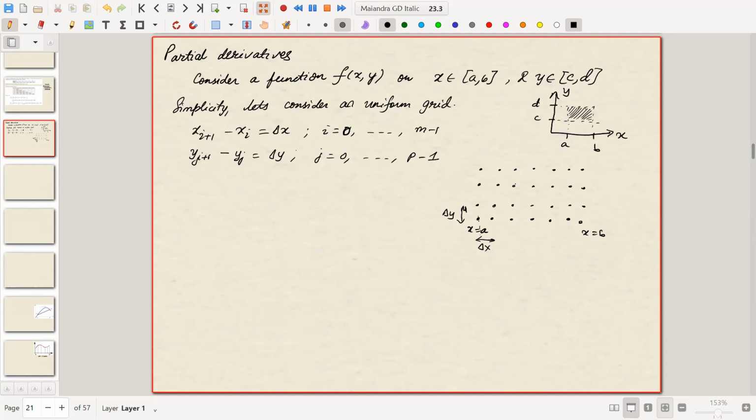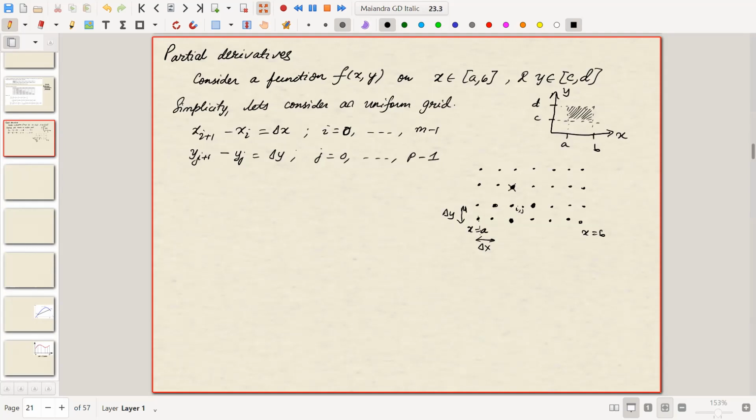Now, if you consider some (i, j), suppose this is (i, j), and you want to take the partial derivatives with respect to x or with respect to y, then you need four most important points. What are those four points? They will be the topmost point, the below point, the left point, and the right point.